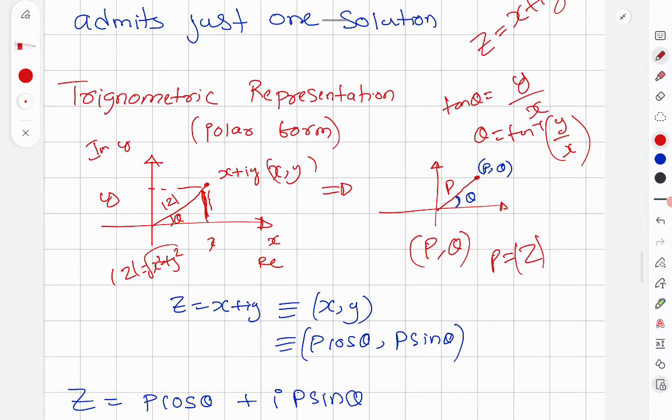So you can calculate rho. From now on I will say rho. So you can calculate rho, that is the modulus of the complex number, and theta is just the arc tangent of y over x. Here y was the imaginary part and x was the real part.